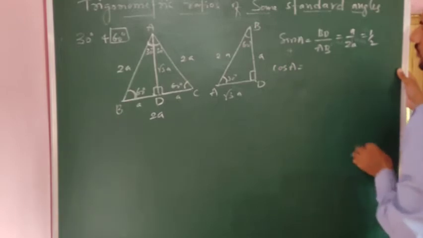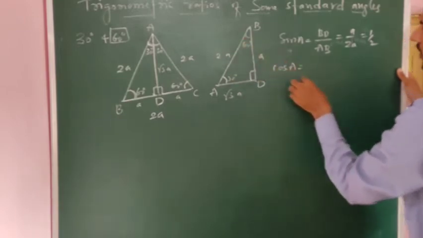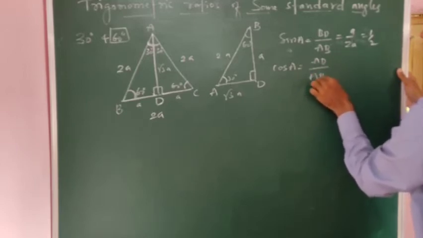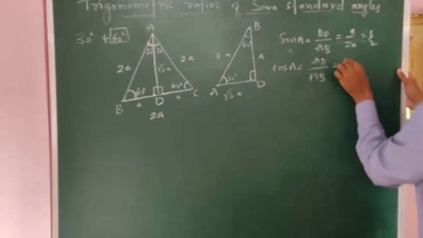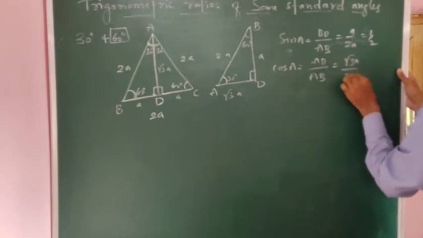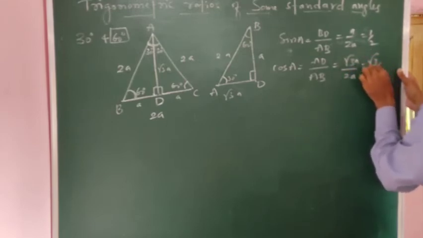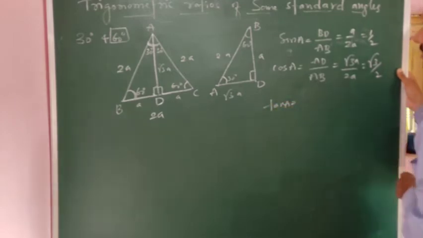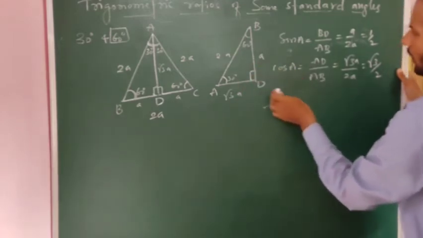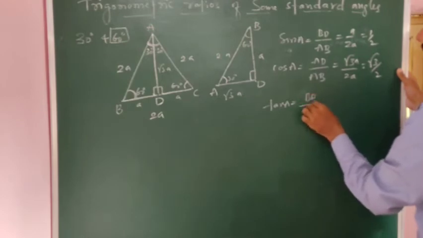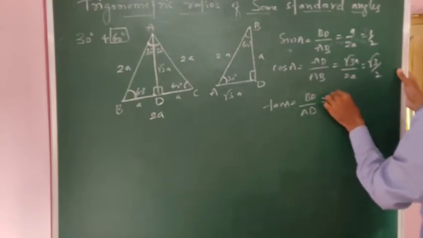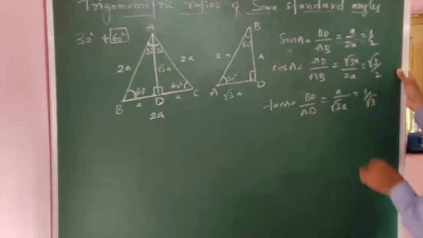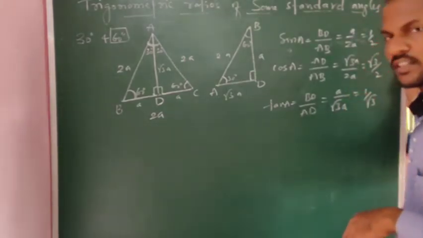Cos A is base by hypotenuse, that is AD by AB, that is root 3A upon 2A, which is root 3 by 2. Next, tan A is perpendicular by base, that is BD by AD, A upon root 3A, which is 1 by root 3.